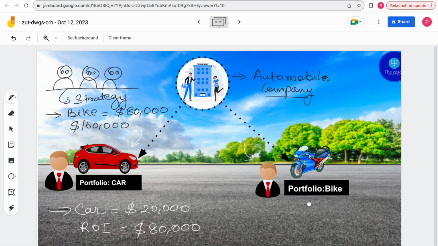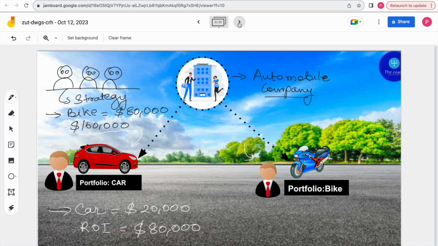So now the portfolio manager of the bike will decide how he is going to allocate the fund between the programs so that they can get the maximum benefit, how the process will be done, how the market analysis will be done, and what kind of features we have to add in the bike so that people like it and they can achieve a sales target of $160,000. Similarly, for the car portfolio, the portfolio manager has to decide how to allocate the funds.